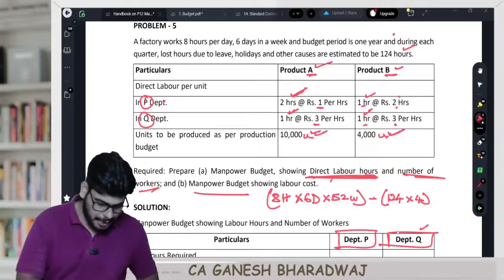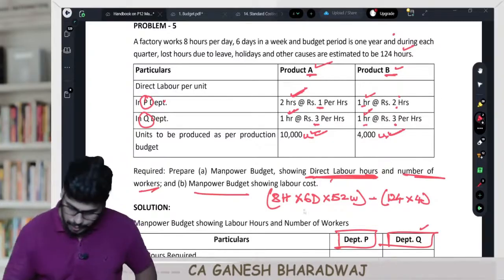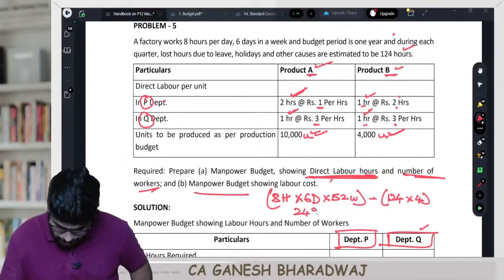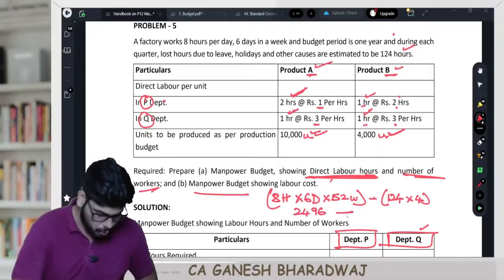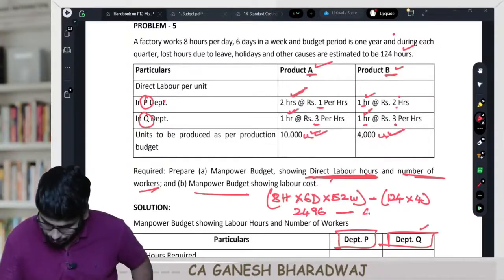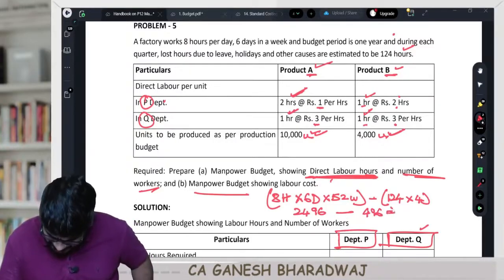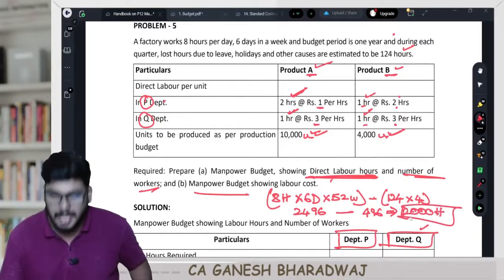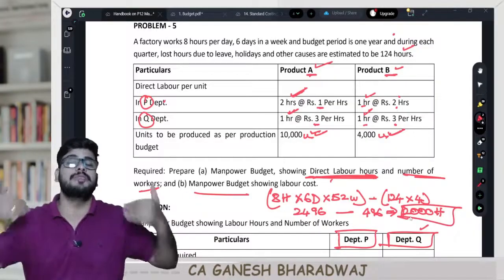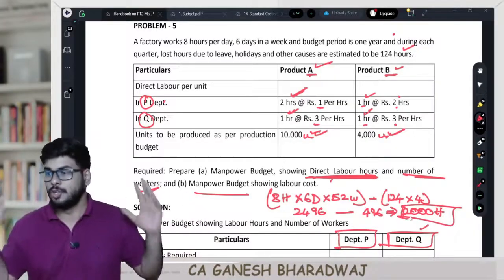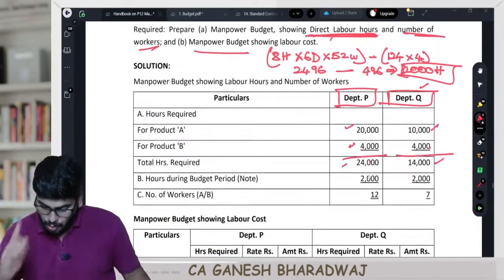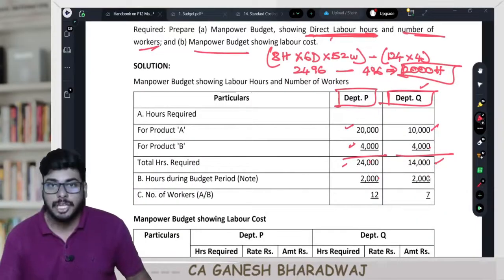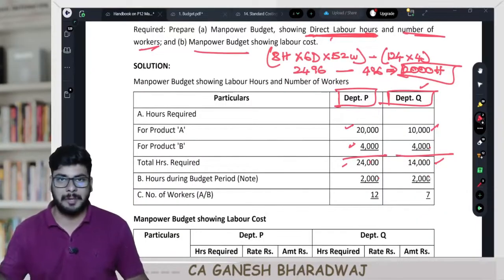It's going to be 8 into 6 into 52, which is going to be 2496, minus 124 into 4. How much is that? 496. So technically speaking, if you hire one guy, in a year he can work for 2000 hours, right? So now one worker can work for 2000 hours, whether he is working in department P or in department Q.